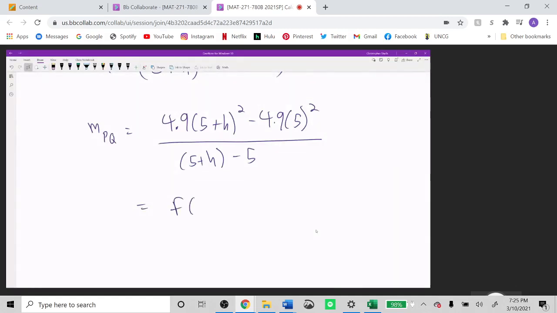And this would be f of x plus h minus f of x all over h, right? What do you think we have to do with this h in order to get the slope of the tangent line from this? Where this h is some number that I'm adding to 5, right? This h is essentially how long this time interval is.